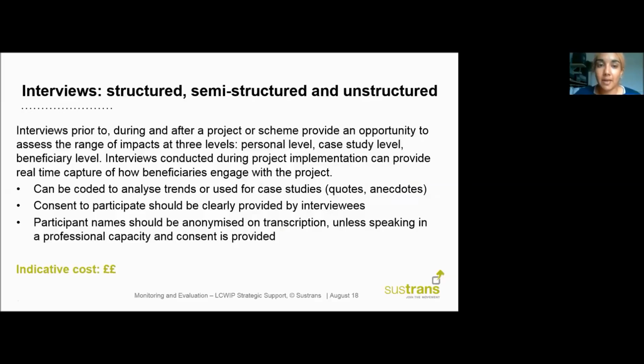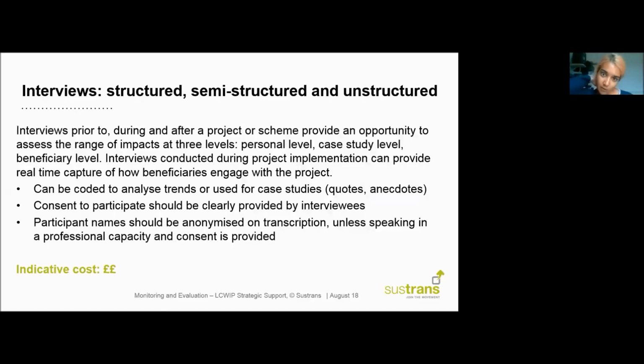And these can be conducted, as with a focus group, either prior to the delivery of a scheme to feed into design, during, or after. And they provide an opportunity to assess the range of impacts that can happen. So you can understand impacts at a personal level for the individual themselves, at a case study level, demonstrating what the project has achieved using the effect on the individual, or a beneficiary level.